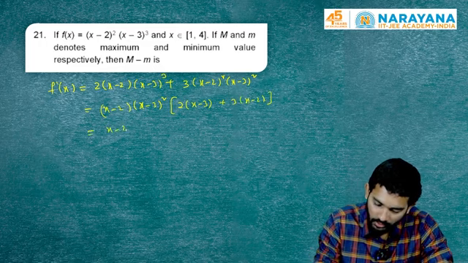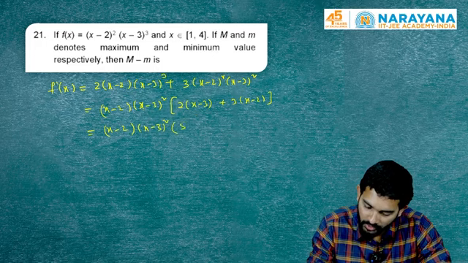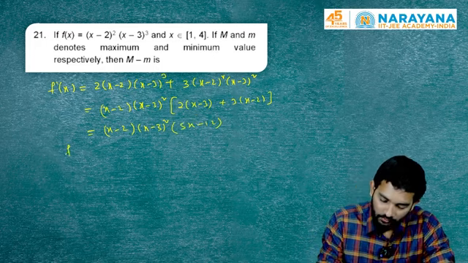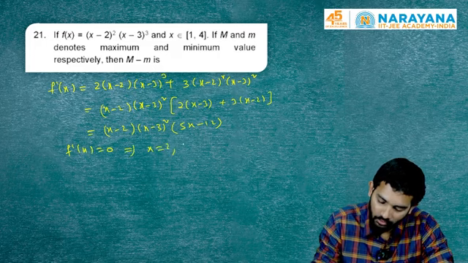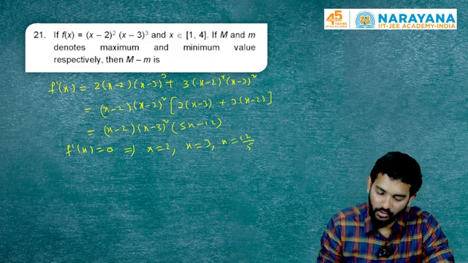This will be 2x plus 3x, which is 5x, minus 6 minus 6, minus 12. So f dash of x equal to 0 implies x equal to 2, x equal to 3, x equal to 12 by 5.